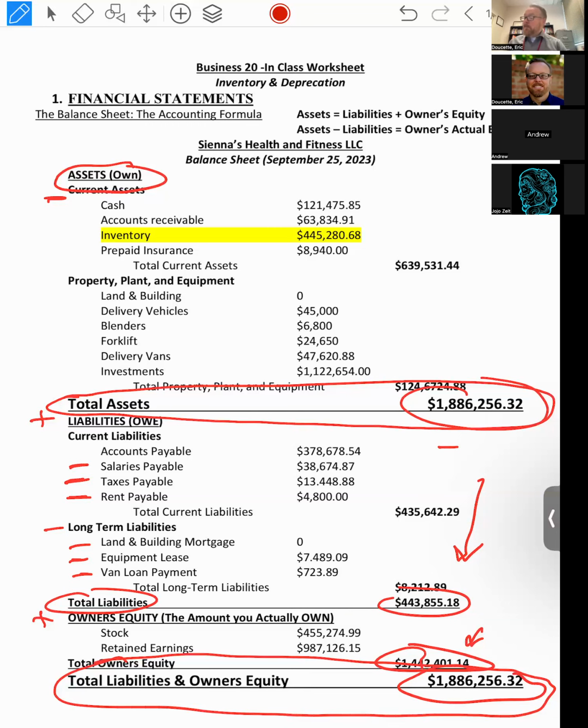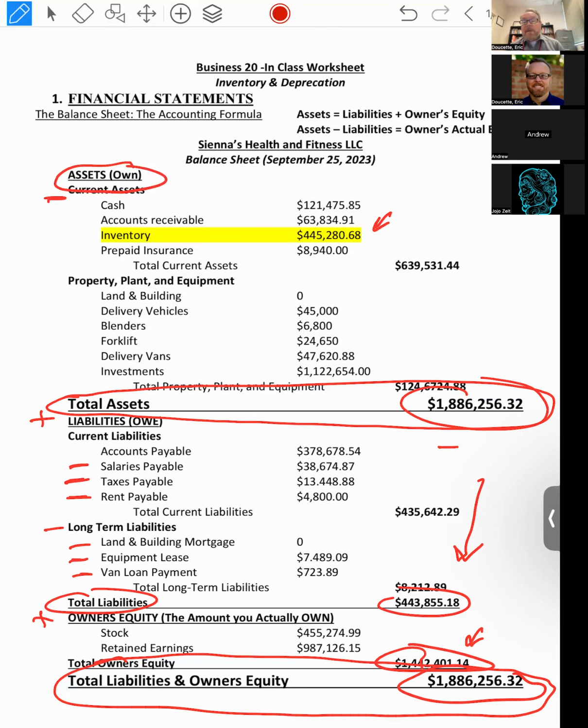But I want you to note the main thing here is inventory. So what would happen if that inventory cost goes up? Well, that means that my assets are higher, right? I have more assets. If it goes down, that means I have less in assets. It's pretty simple. So how I calculate inventory, I can calculate it one method that shows that it's actually worth more, and that would raise my assets, which look really good if I'm trying to sell the business.